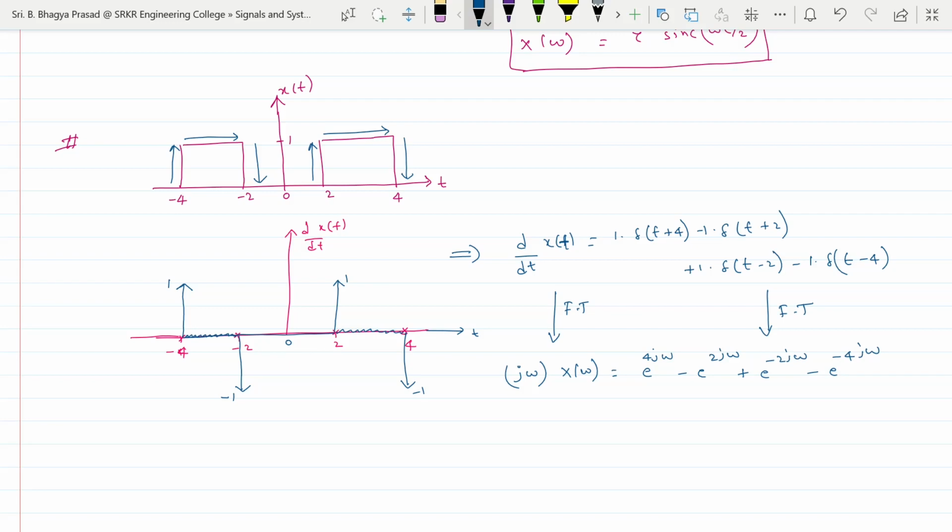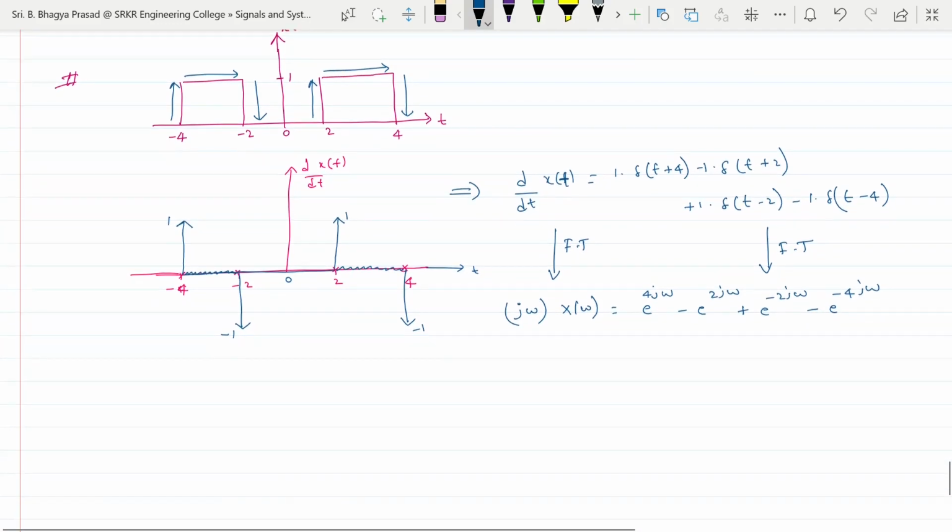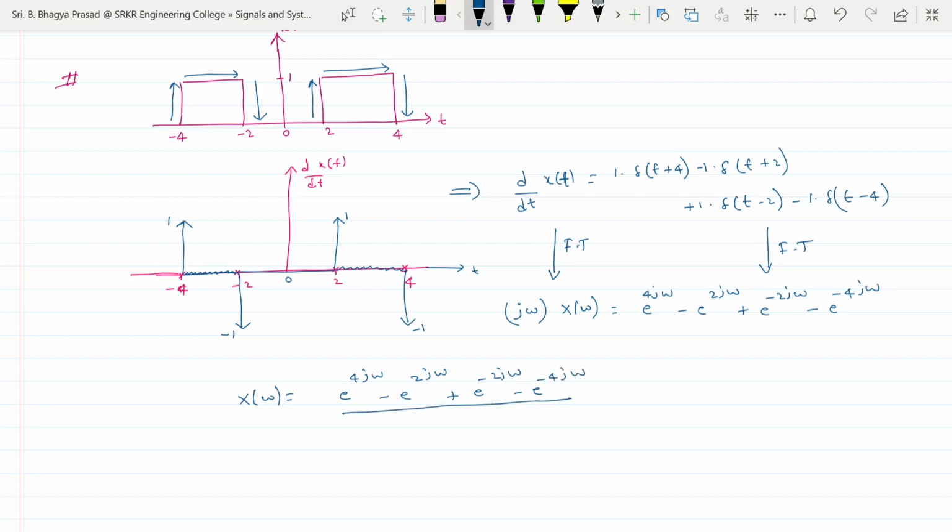So you can write these terms into sine terms and again sinc terms. It is X of omega equal to e power 4j omega minus e power 2j omega plus e power minus 2j omega minus e power minus 4j omega by j omega.